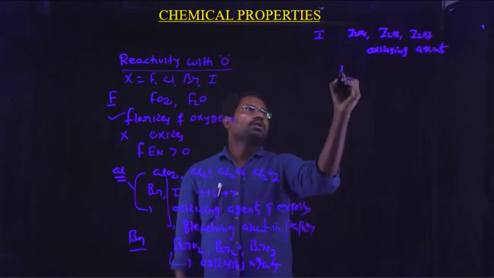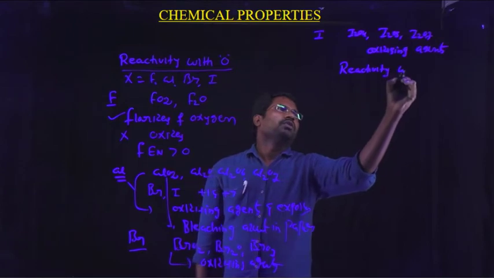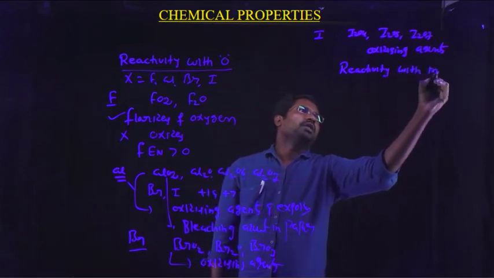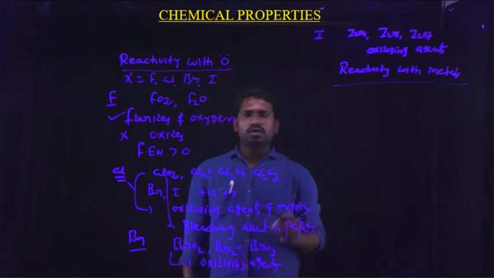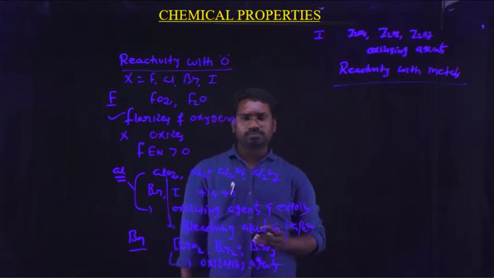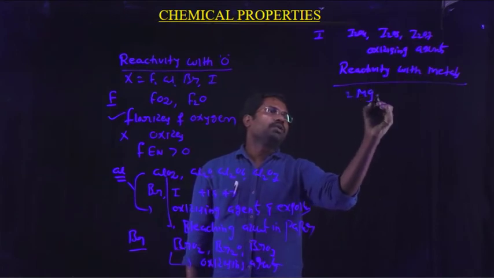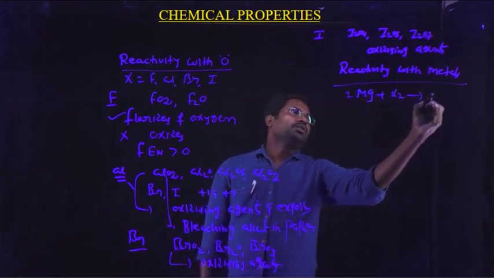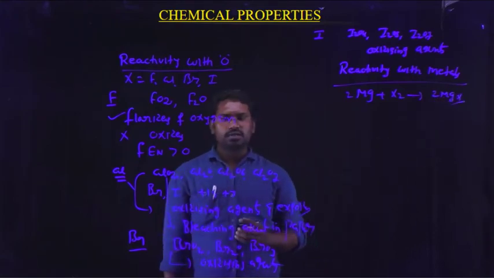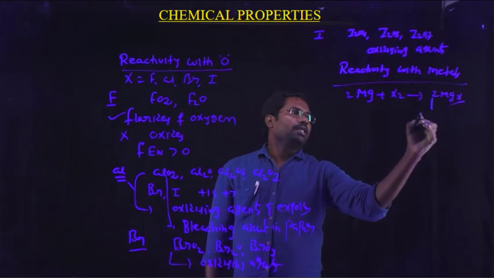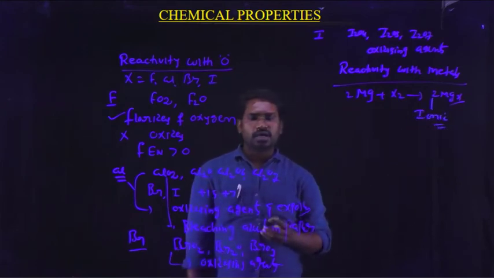And next one, reactivity with metals. Halogens react with metals to form metal halides. For example, magnesium reacts with halogen to form magnesium halides. Generally, metal halides have some ionic character.